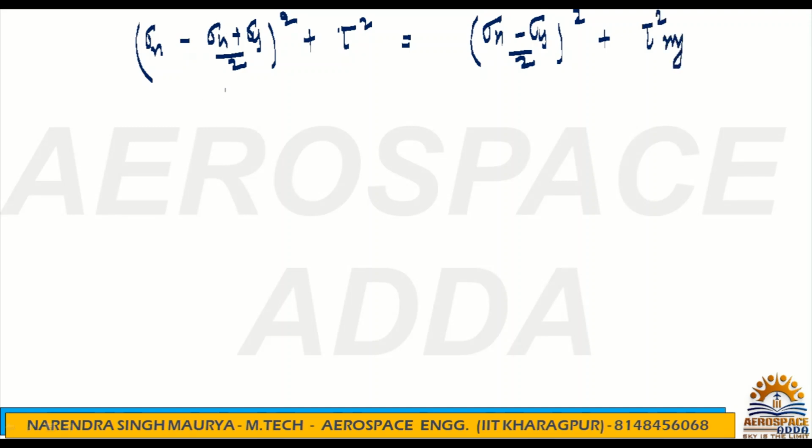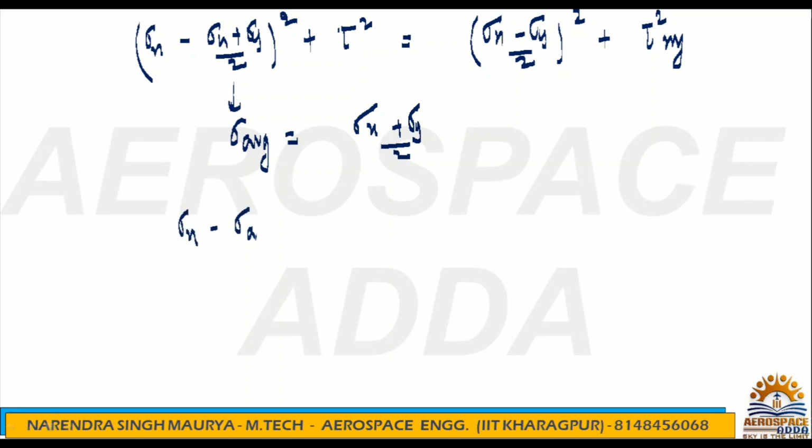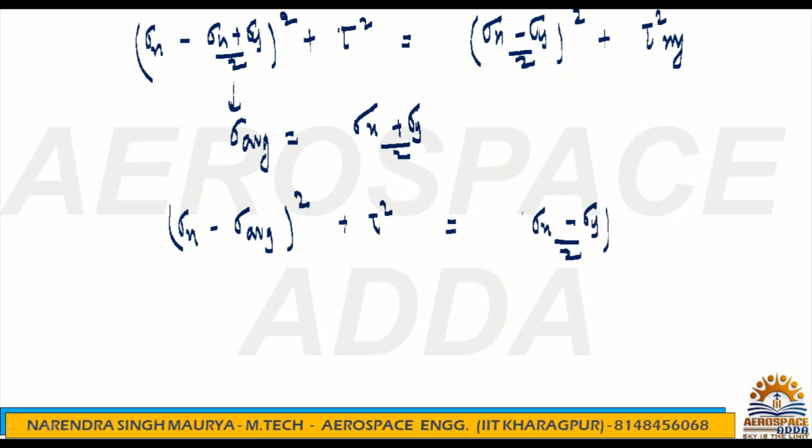Now see, (σx + σy)/2 is your average, so you can write σn minus σ average, whole square, plus τ² is equal to ((σx − σy)/2) whole square plus τxy².